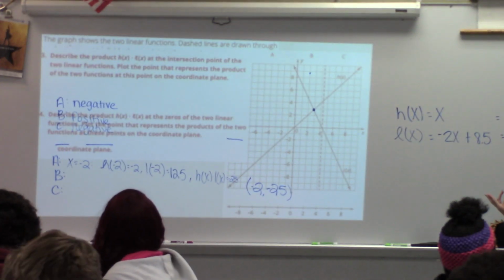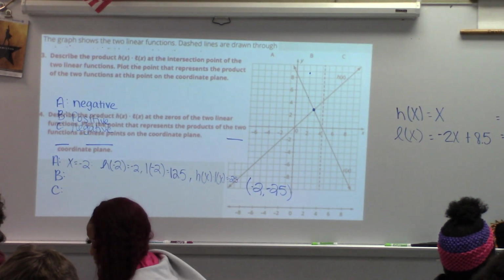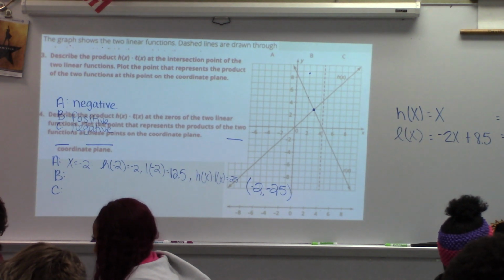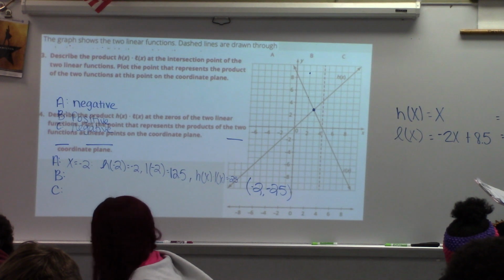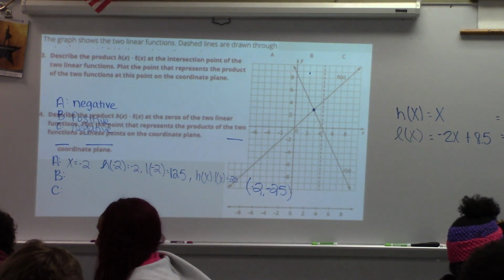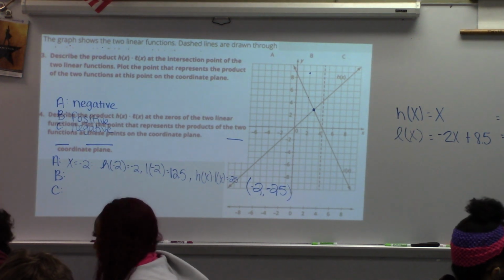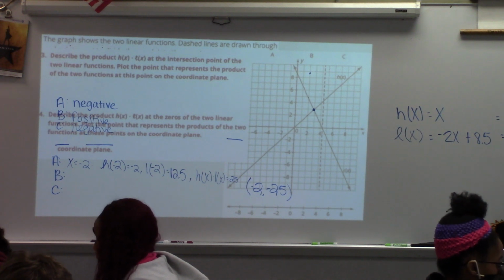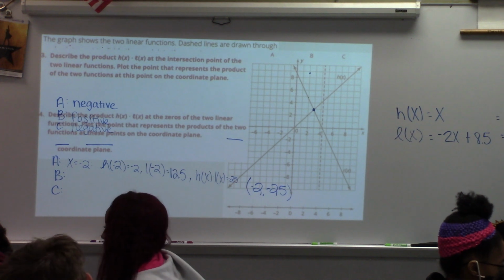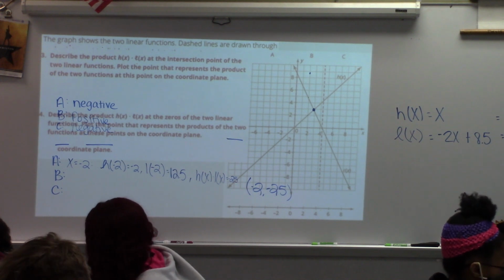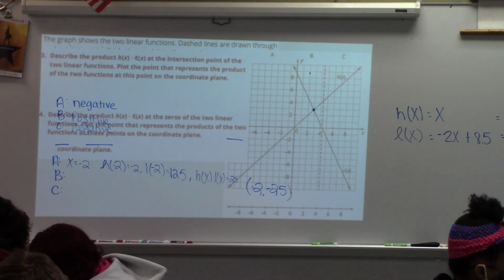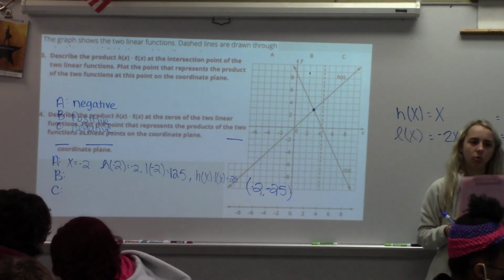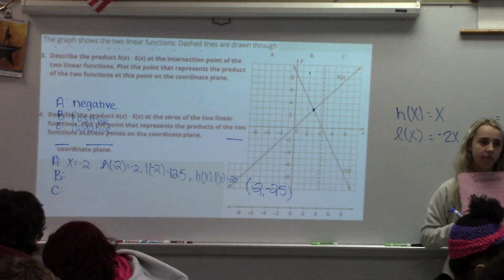In number 3, we can just write, to square the y value at the point of intersection. Since they're equal, I'll let y'all write that and then we'll see what that would look like on our graph.